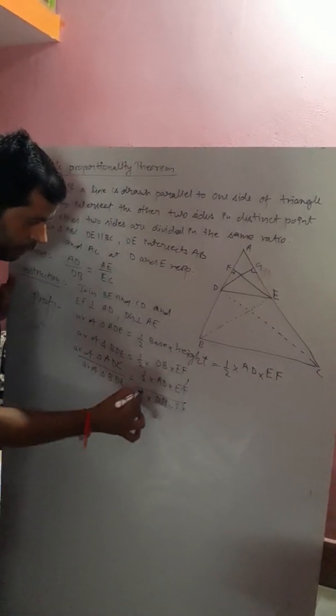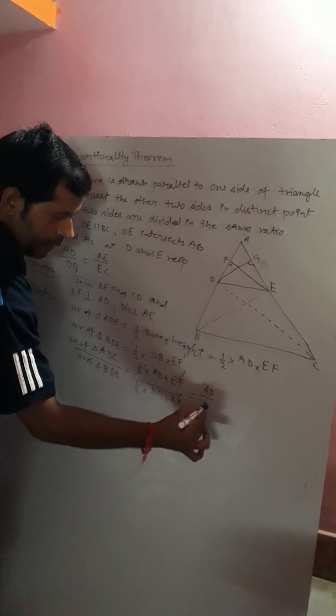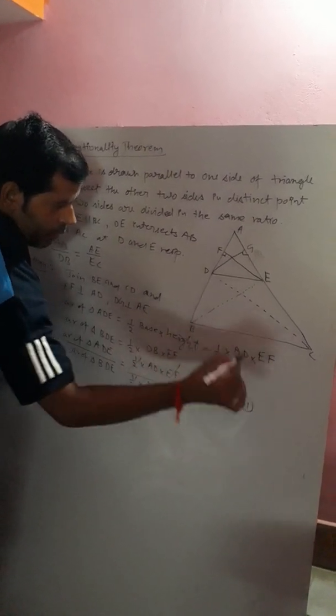So these two will be cancelled. Now we have AD upon DB. This is equation 1.